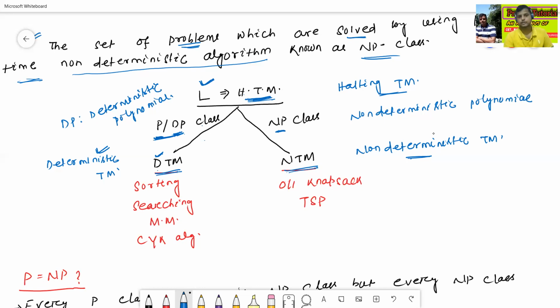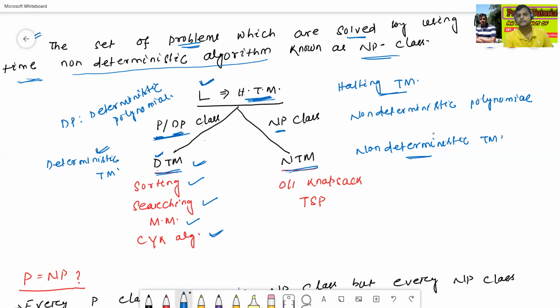Some examples of P or DP class, deterministic polynomial class: sorting, searching, matrix multiplication, and the CYK algorithm, which we have already discussed in previous classes.